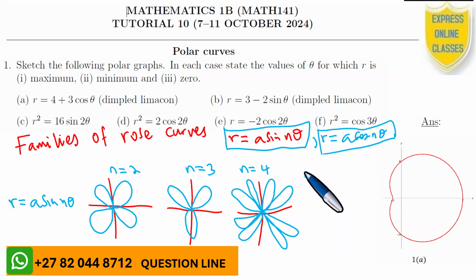And then now n equals 5. Here, the n is equal to 2, but obviously that is for the cosine. So let's look at n equals 5. I want us to sketch this particular curve here.